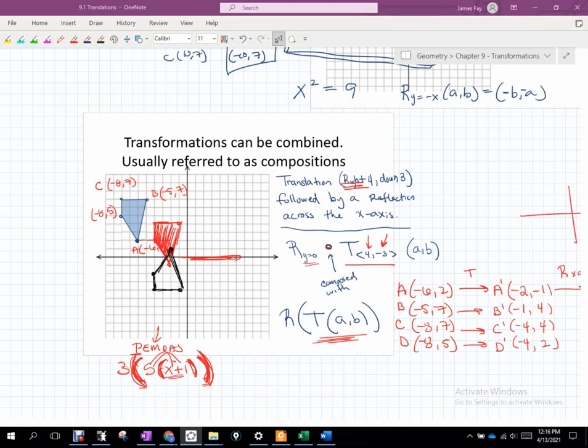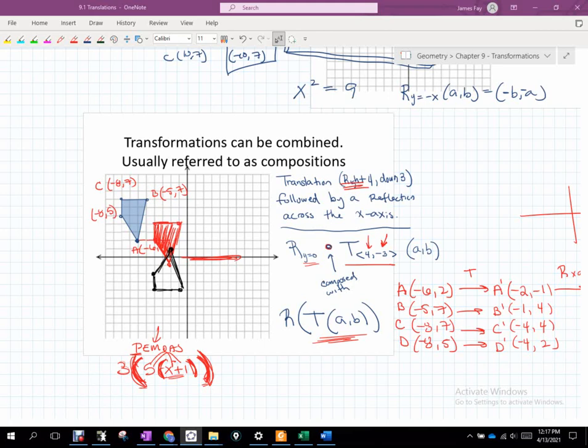So I'm going to say A is (-6, 2). I know you can't see this right now, but I'll show it to you in a moment. B, (-5, 7). C, (-8, 7).